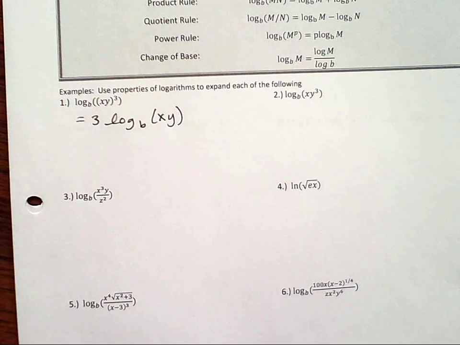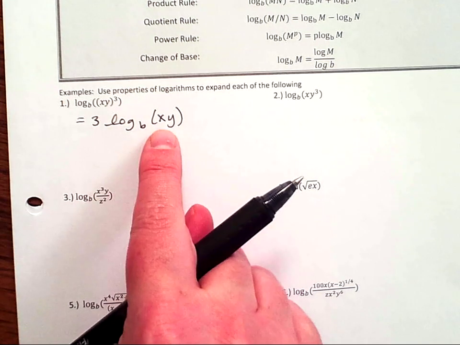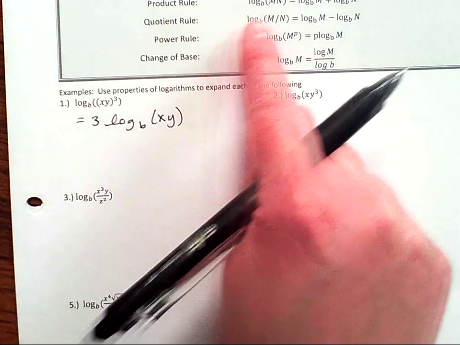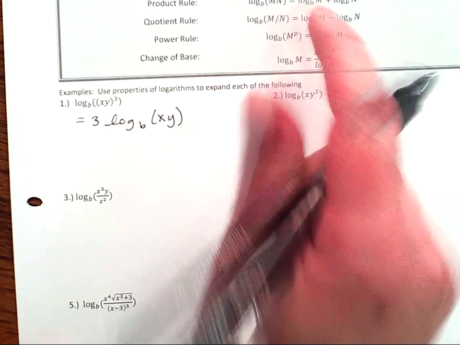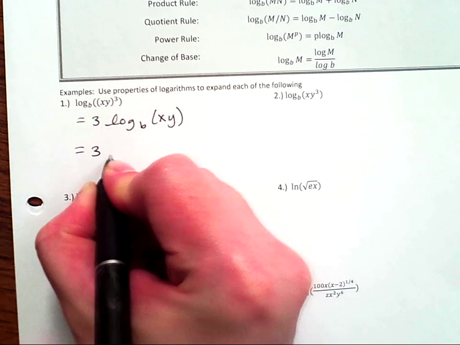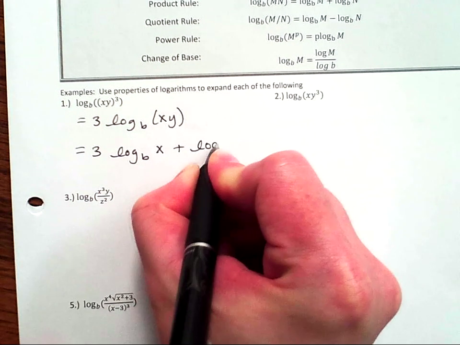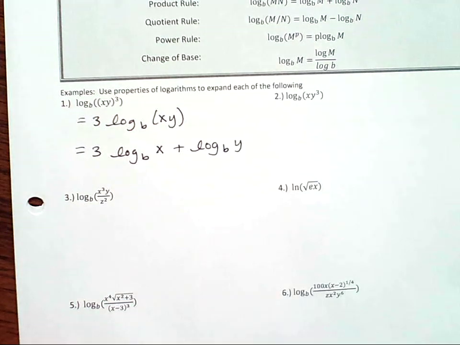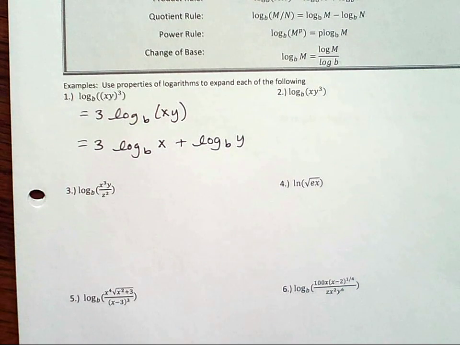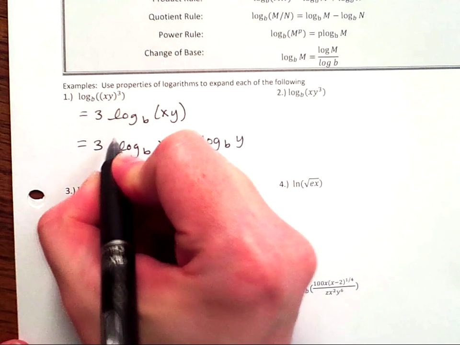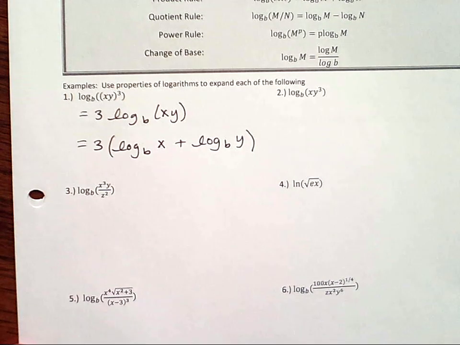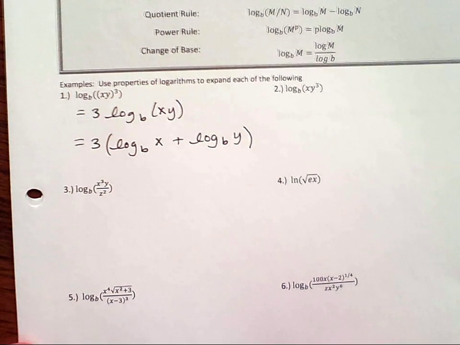Okay? Now what can I do? Well, I have multiplication inside the logarithm function, so I can do this one. Okay, I made a mistake. What's my mistake? The 3 needs to be distributed to everything.